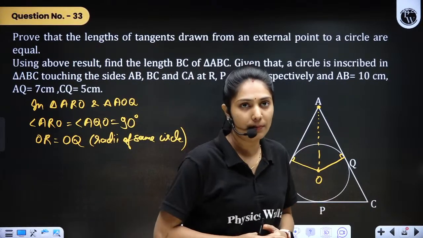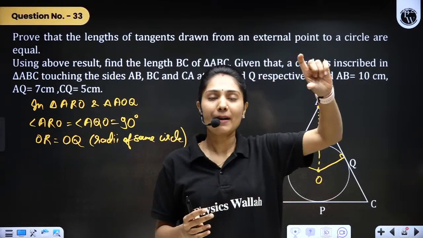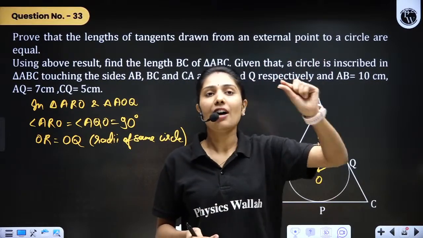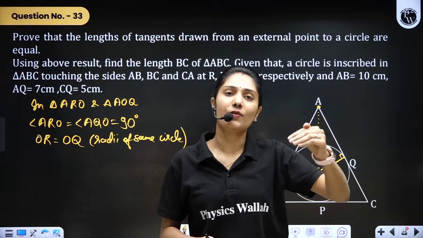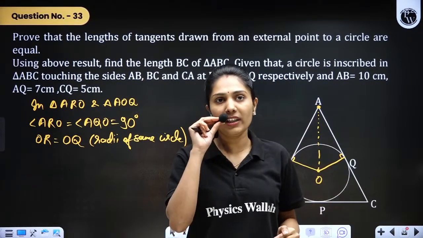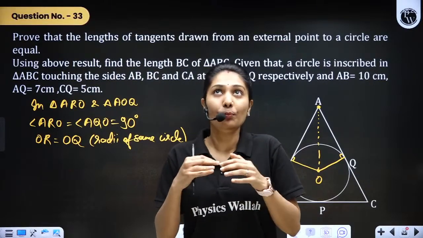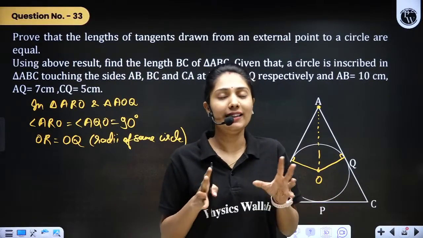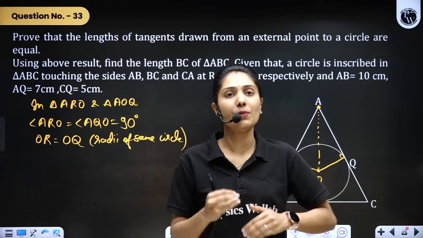Then you will get the marks, because there is half a mark on given data, half a mark on to prove and construction, and the remaining marks are on the proof part. So always write in this particular manner.